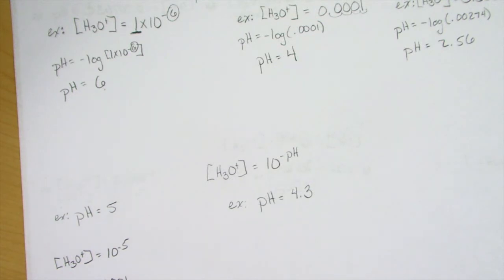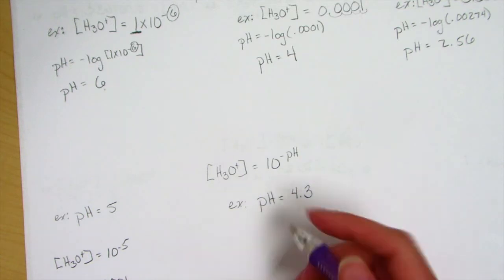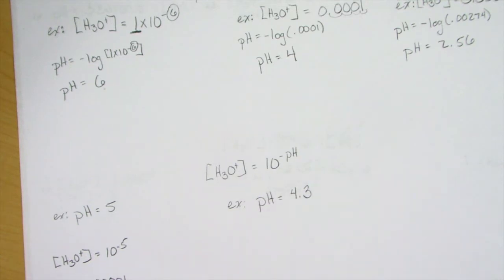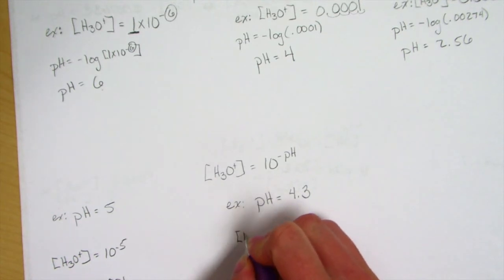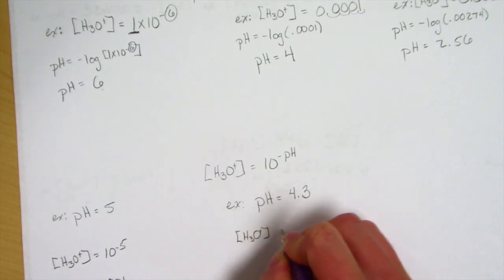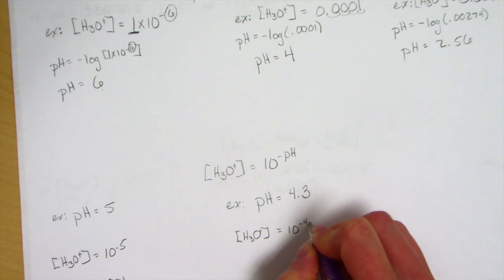When we have whole numbers, it makes things so much easier, but we don't always have whole numbers. So our second example, we're going to use 4.3. We do the concentration equals 10 to the negative 4.3.